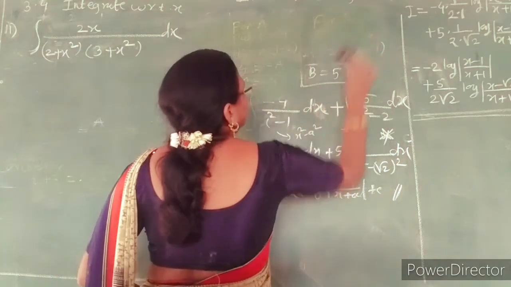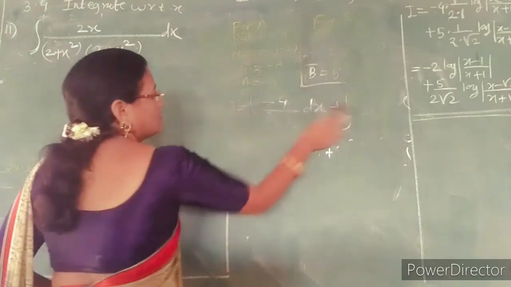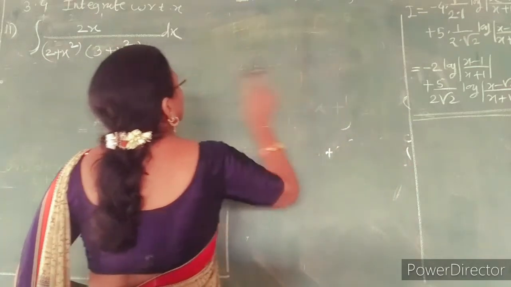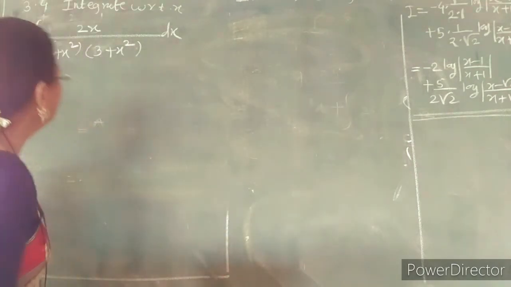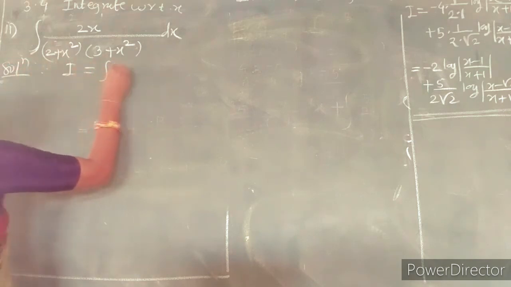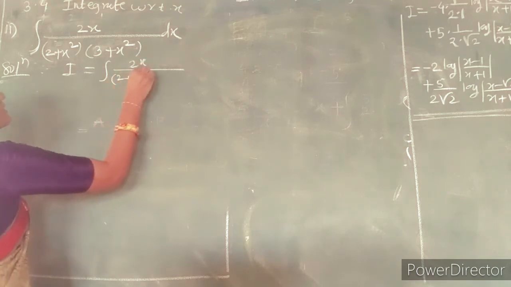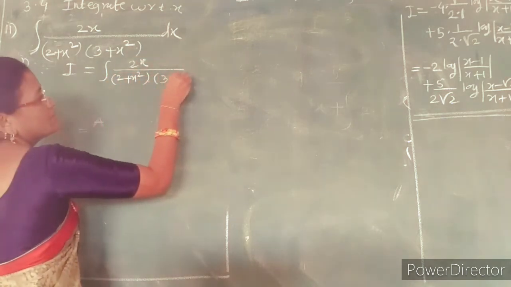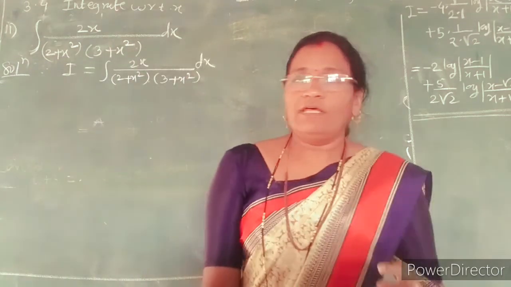Now we take x square equal to t, so 2x dx equal to dt, and then direct evaluation of the integral. To find the solution, we take the integral of 2x upon (2 plus x square) is the first factor, (3 plus x square) is the second factor, with respect to x.